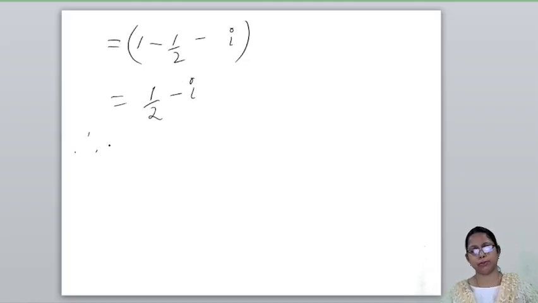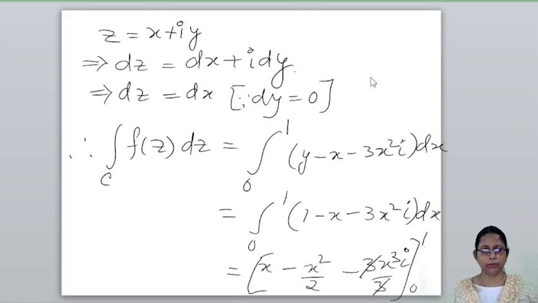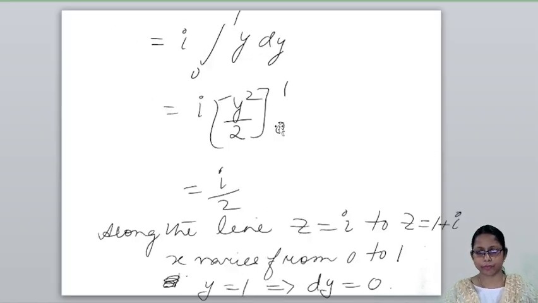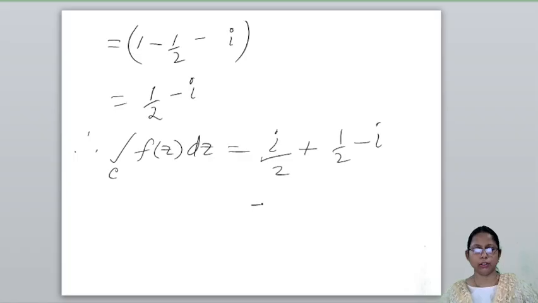Therefore, the integral of f(z) dz: call the first value I1, which is i by 2, and the second value I2, which is 1 by 2 minus i.